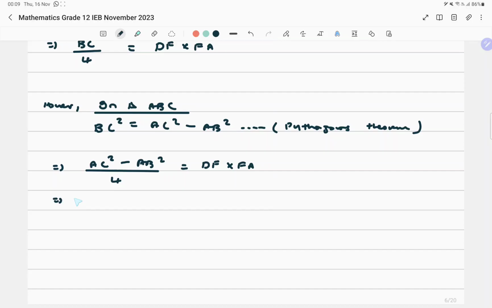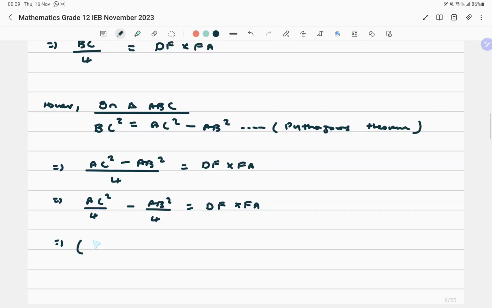Now we can say arithmetic, we can split this as AC squared over 4 minus AB squared over 4 is equal to DF times FA, okay? All right, now we can later do the things.